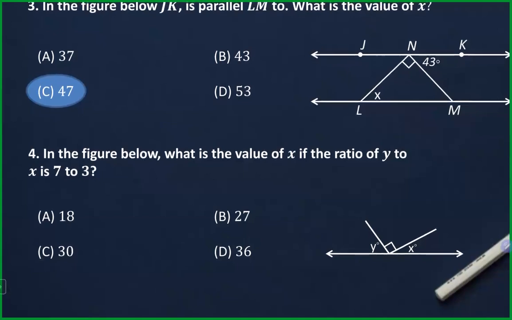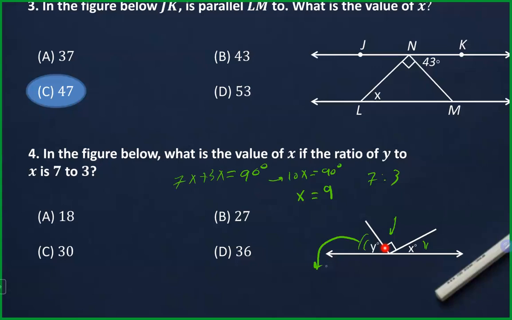Here we go. So in the figure below, what is the value of x if the ratio of y to x is 7 to 3? So this angle to this angle ratio is 7 to 3. I have this 90, it's out, which means 7x plus 3x is equal to 90, and that's 10x is equal to 90. x is equal to 9.